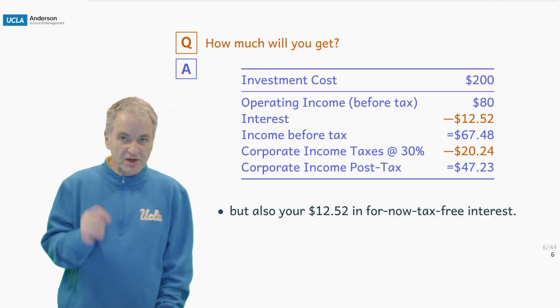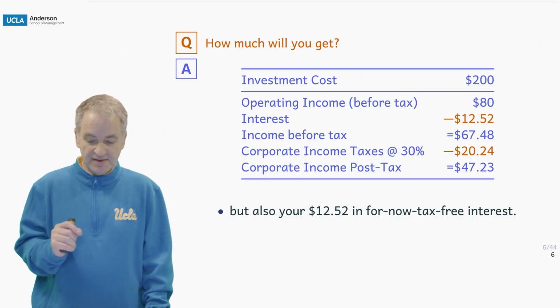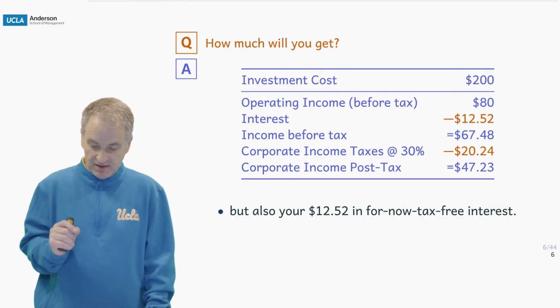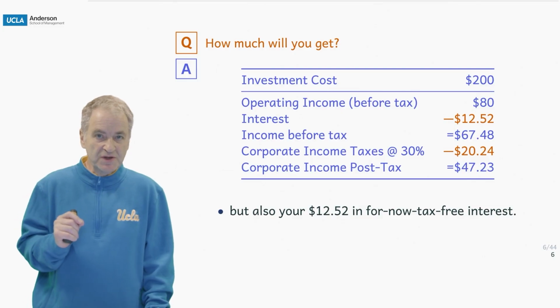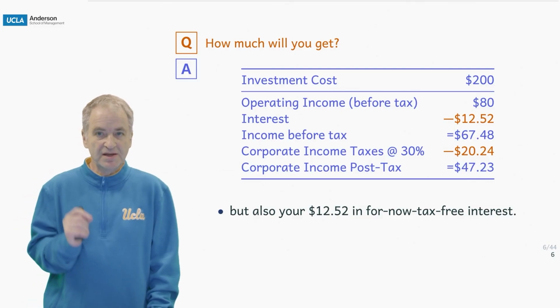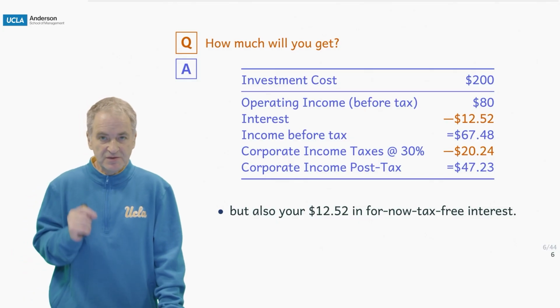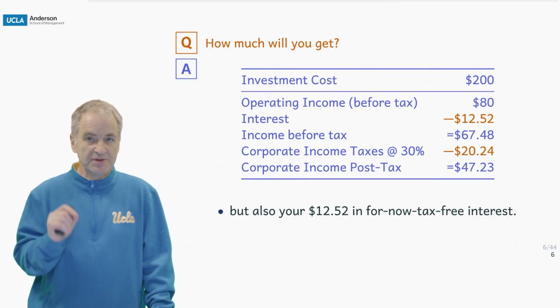Go back to the previous table. So we have your corporate income post-tax, which with the same calculations is $47.23. But in addition, you are also going to get the $12.52 in tax-free interest. This comes to you. It is tax-free because we assume at the beginning that you were a tax-exempt institution.